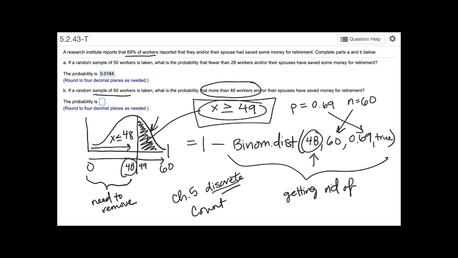I'm not interested in the probability of 48 or less workers saving money. That's why I have to use this formula right here. Now, the good news is this counting up and counting down with the x value only applies in chapter 5. You don't have to worry about it in chapter 6 and on. So keep that in mind as we work through the content, and if you have any questions, just let me know.